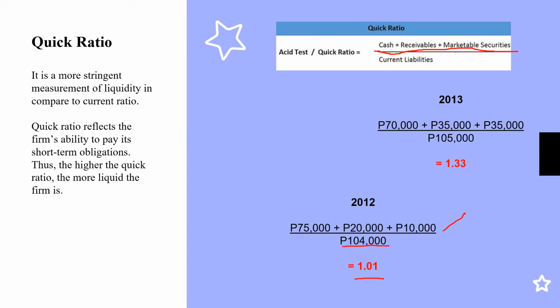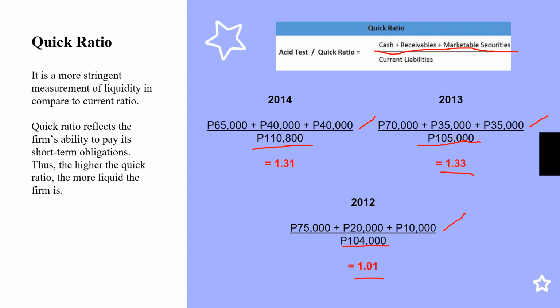Then for 2013, we have 70,000, 35,000, and 35,000, na pinagsama-sama. And then, current liabilities naman ay 105,000. So, our quick ratio is 1.33. Then, for 2014, we have 65, 40, and 40,000. Then, 110,800 yung ating current liabilities. We yield 1.31.